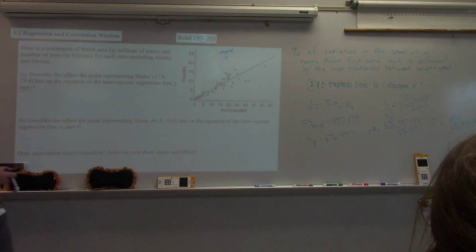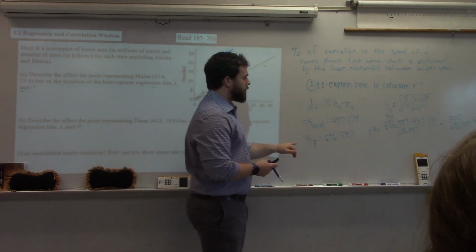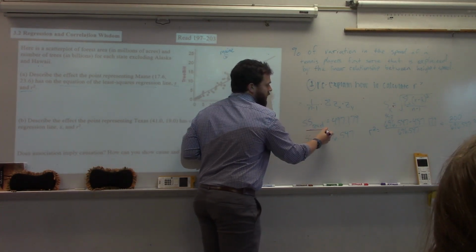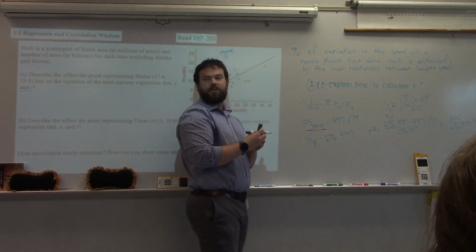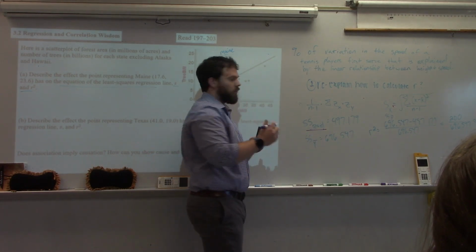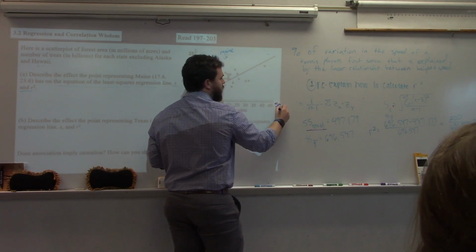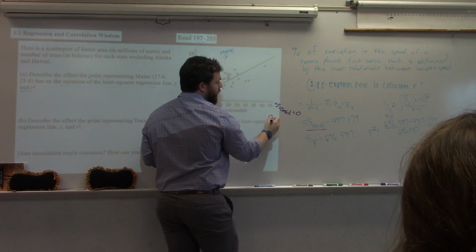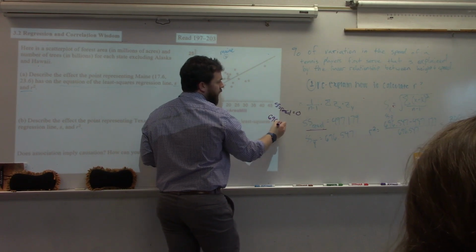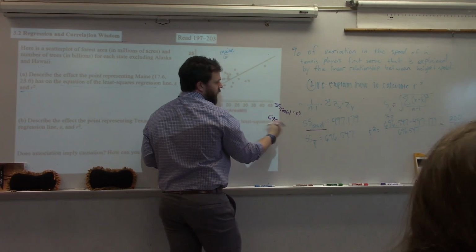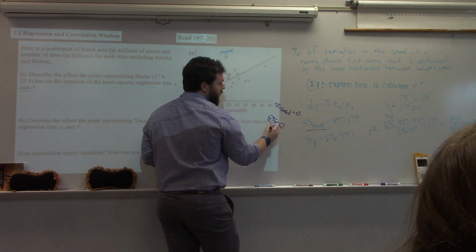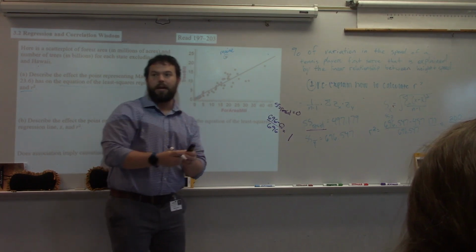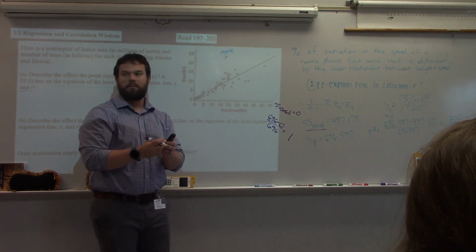I know this sounds backwards, but think about it this way. If it's a perfect line, what is the sum of squares for the residual? 0, right? So in an example like that, I'd be left with 696 minus 0, divided by 696. That'd be 1. So if it's a perfect line, what is R squared? 1.